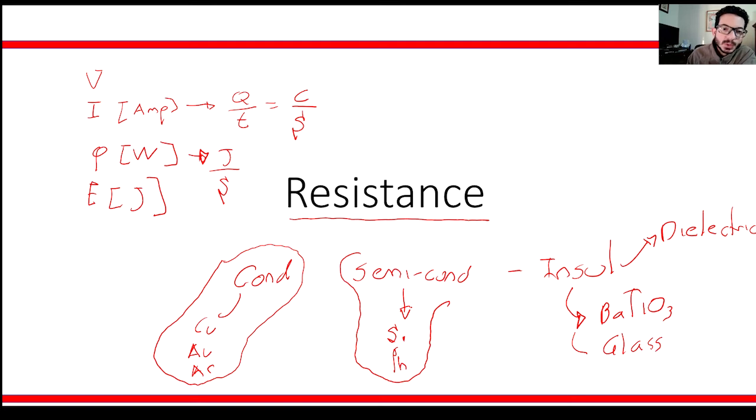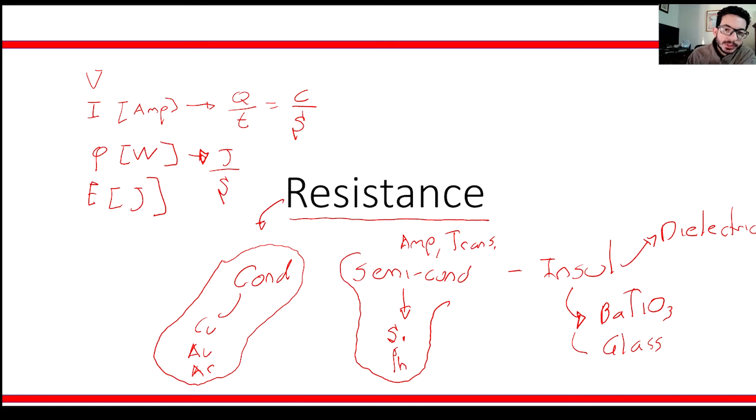Semiconductors are very useful when it comes to making active parts. Active parts are amplifiers and transistors, etc.